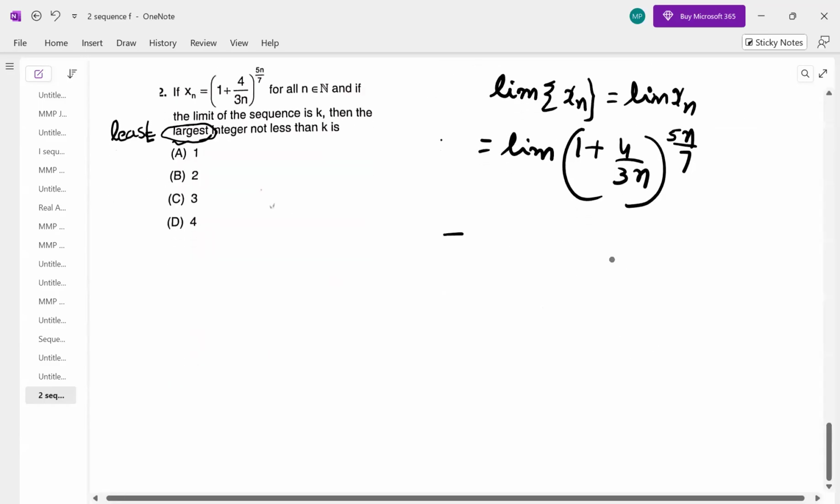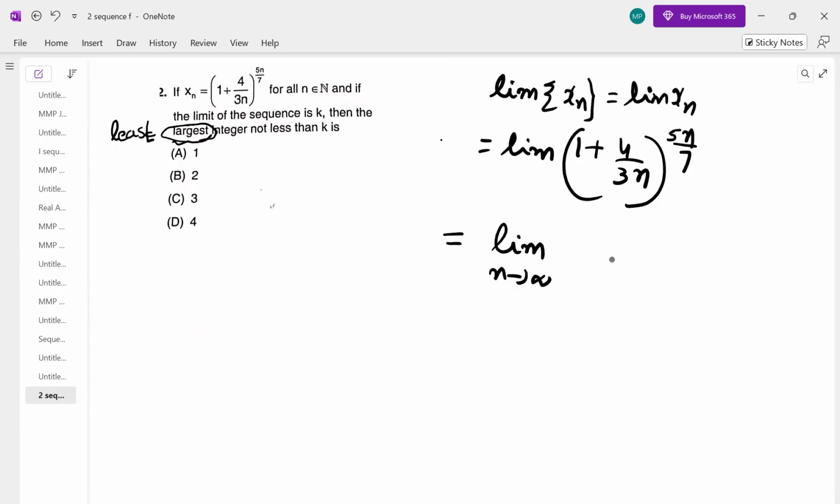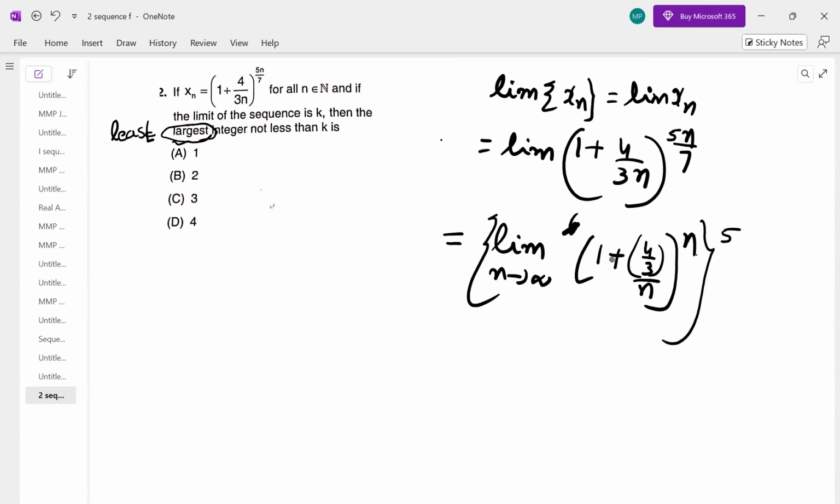This can be rewritten in the form limit, limit meaning n tending to infinity, that's how we understand this, of (1 plus (4 by 3) by n) whole power n whole power 5 by 7. I'm rewriting 4 by 3n as (4 by 3) by n. 5n by 7 is n into 5 by 7.